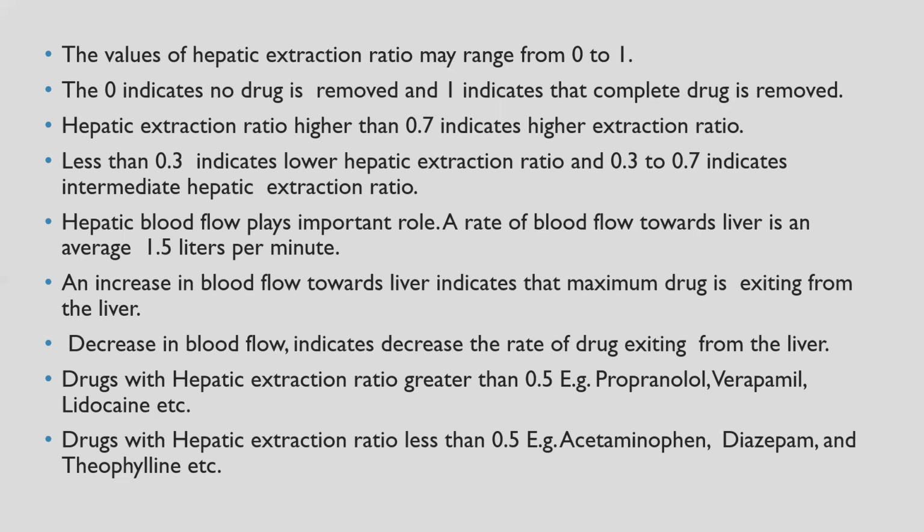The next will be the hepatic blood flow, which is very important for hepatic clearance. The rate of blood flow towards the liver is on average 1.5 liters per minute.